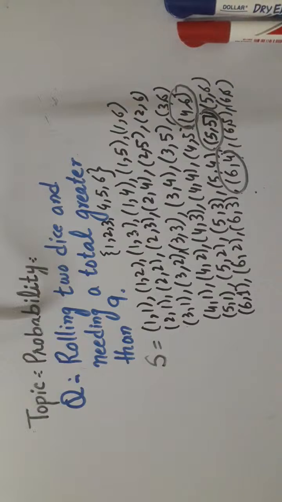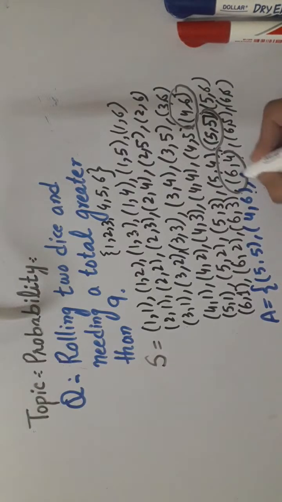So we will write the outcomes: set A will be equal to {(5, 5), (4, 6), (6, 4)} and a sum of 11 is also greater than 9.